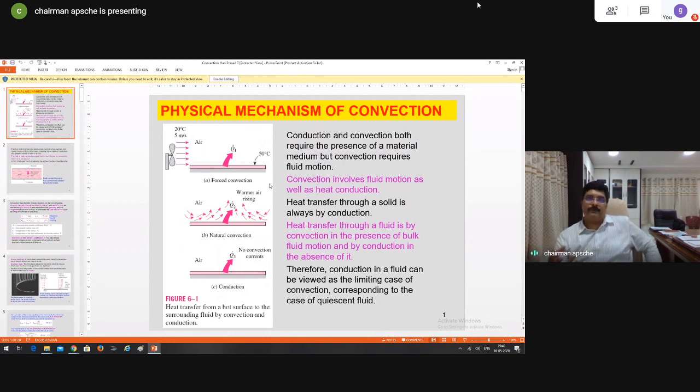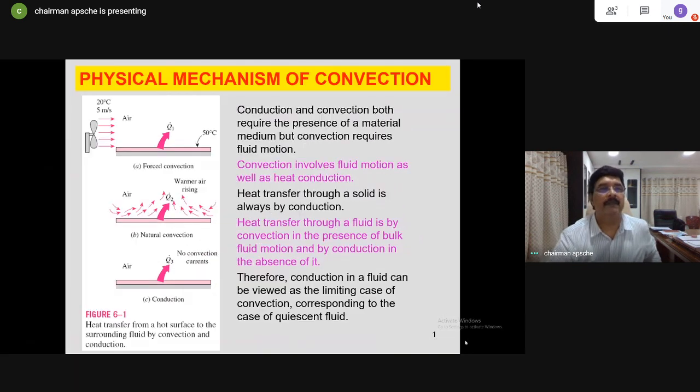In forced convection, you are using an external gadget like a fan or a blower or a compressor or a turbulence generator. So you are blowing air over that, and therefore heat transfer takes place.